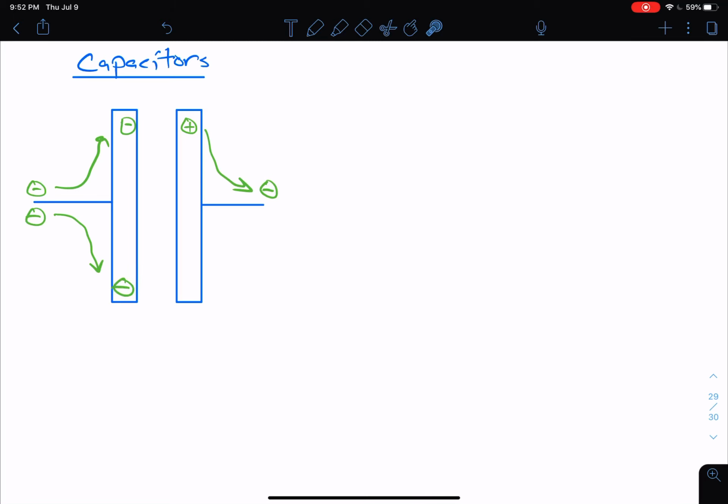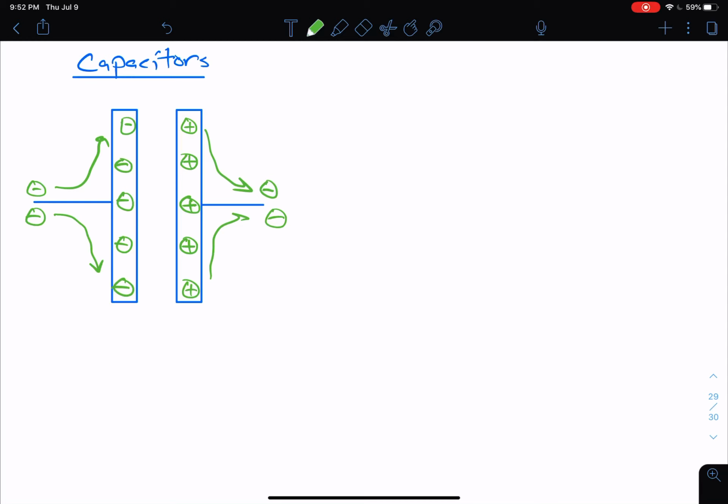These two repel each other, so they need to be as far apart as possible. It's going to repel another electron from this end. And we can keep doing this. We put more electrons on, and we end up repelling electrons off of the other plate. And this is what capacitors do. They separate the charge. You end up with one plate that's negatively charged and the other plate is positively charged.